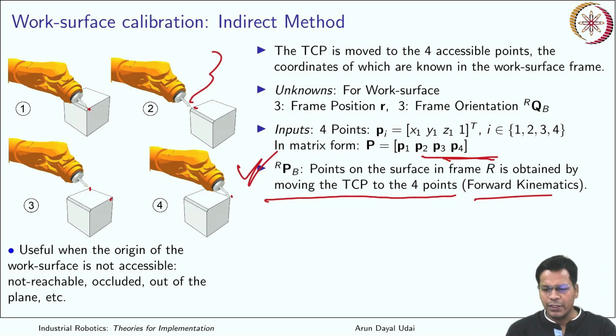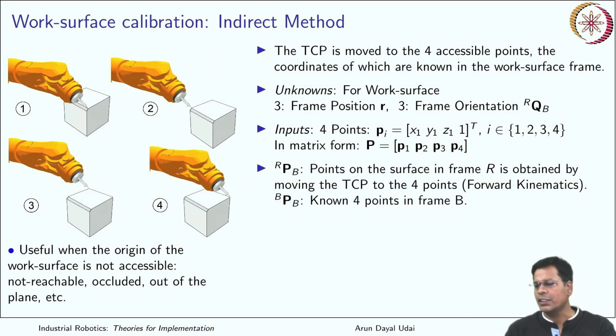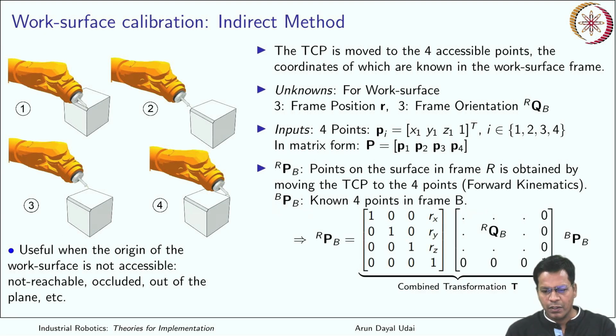Okay, so both the things you have in hand. What you need is a transformation between them, that is the unknown now. Okay, so this is already known. This was known already, that is the point in its own frame, the work surface frame. This is the point in the robot's frame. Okay, so that includes a transformation.